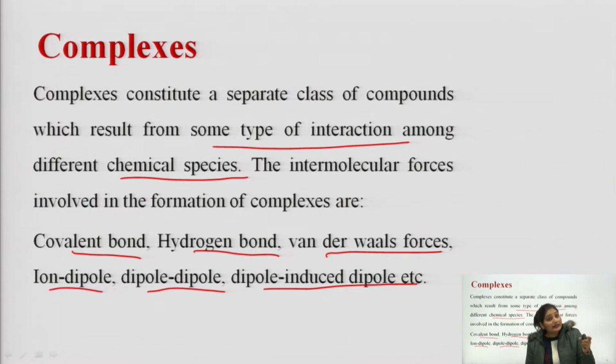And what are these intermolecular forces? They can be covalent bond, hydrogen bond, van der Waals forces of attraction, ion dipole interaction, dipole-dipole interaction or dipole-induced dipole interaction.